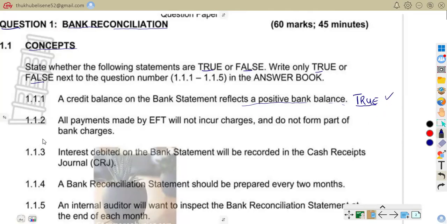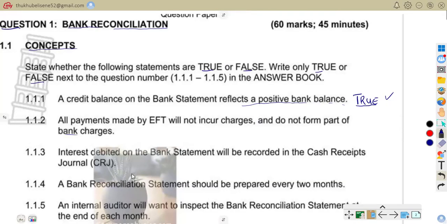Now moving on to 1.1.2. It says all payments made by electronic funds transfer, EFT, will not incur charges and do not form part of bank charges.